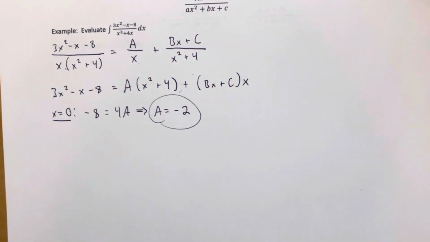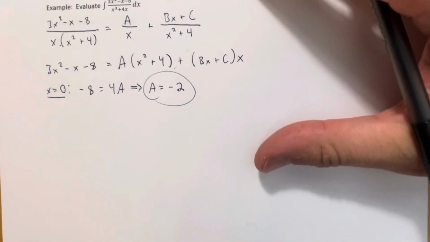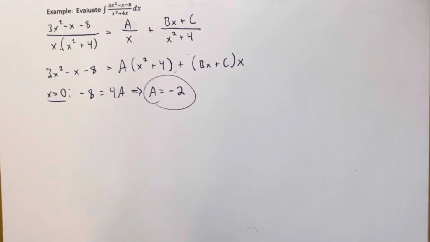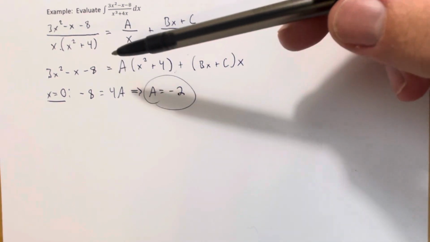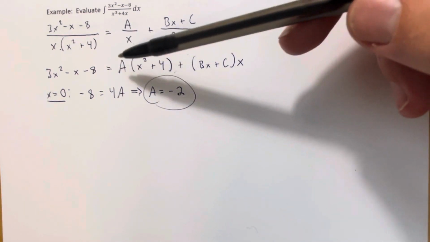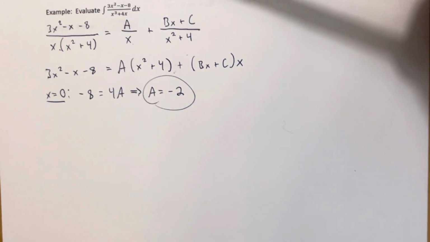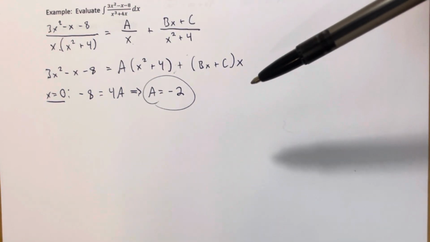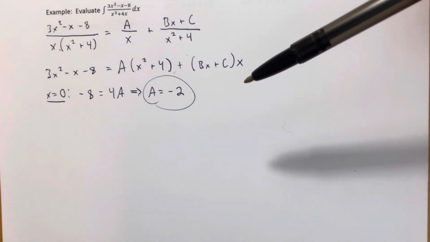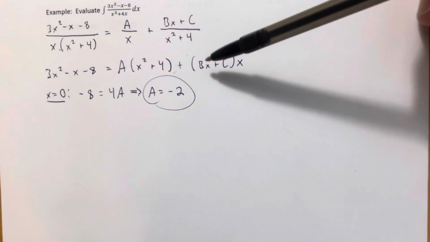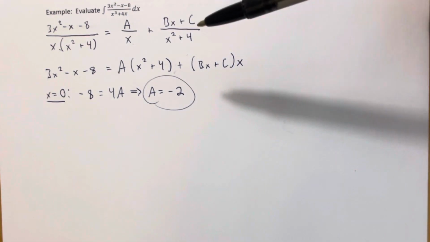Okay, here's where we can do something kind of interesting. These two polynomials, like I've been saying, form an identity. This has to equal this no matter what you plug in for x, and that actually includes complex numbers. We can plug complex numbers in for the x's, and these still have to be equal.